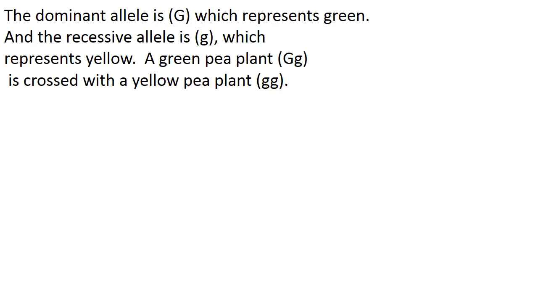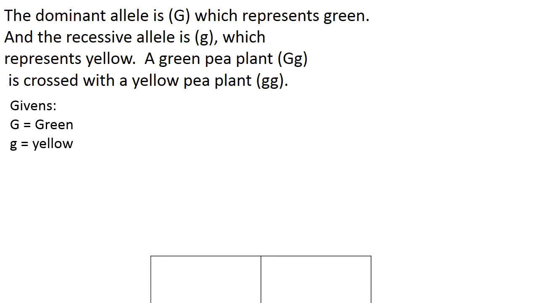So we want to put that big G equals green, little g equals yellow. Then we're going to draw or provide a Punnett square, and for monohybrid crosses that includes a large square broken up into 4 smaller squares.